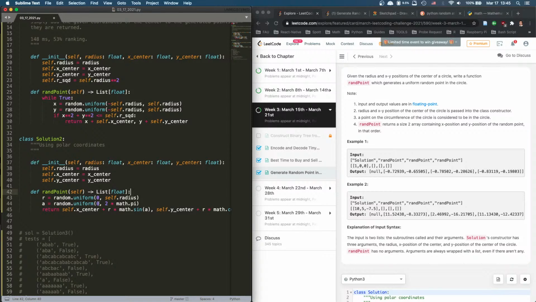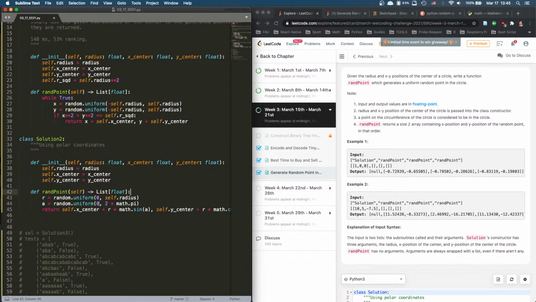And as it goes around, we have the distance, right? The distance is also a random value. As we go around here, we get a distance.